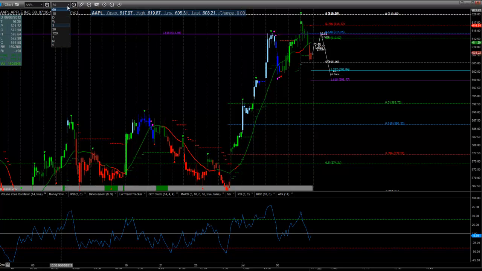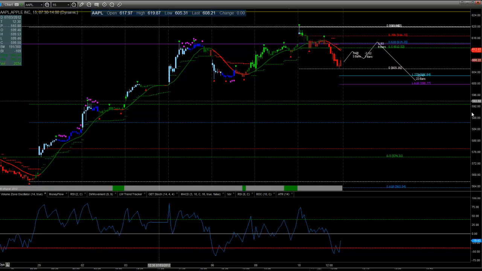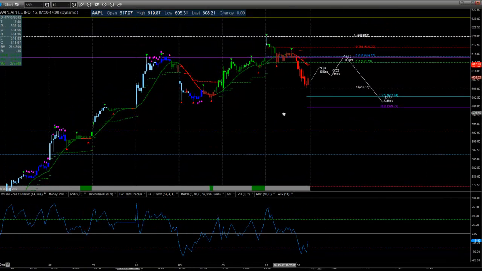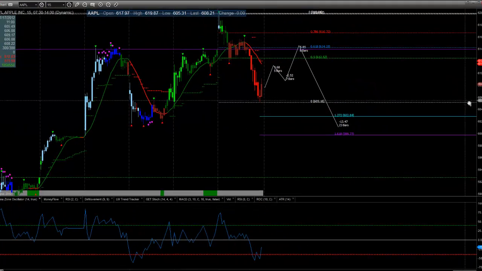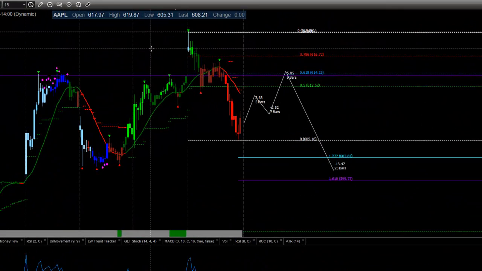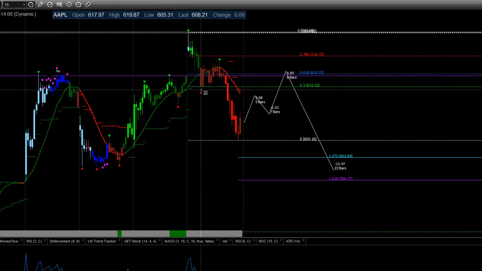Let's take a look again at the 15-minute chart. Could it morph into a bigger one? Okay, let's just see. Here's an ABC then. If this is an official ABC, we should be able to just reverse extend.